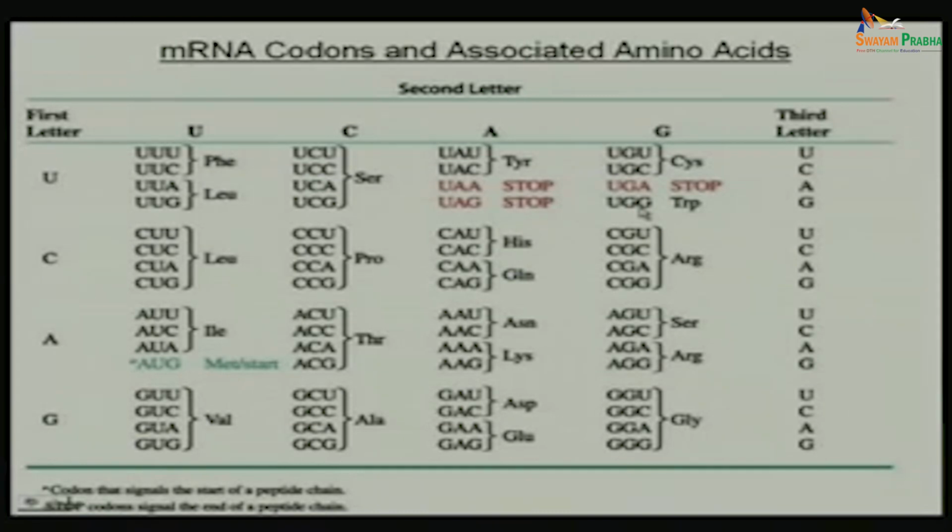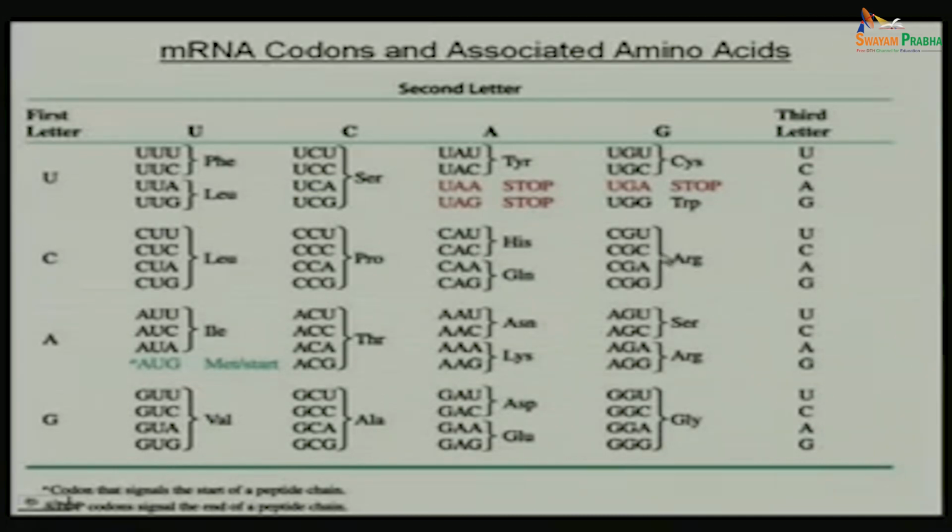Now, if we see another example, let us take CGU, CGC, CGA, CGG. Here, these 4 codons are coding one amino acid, that is arginine.